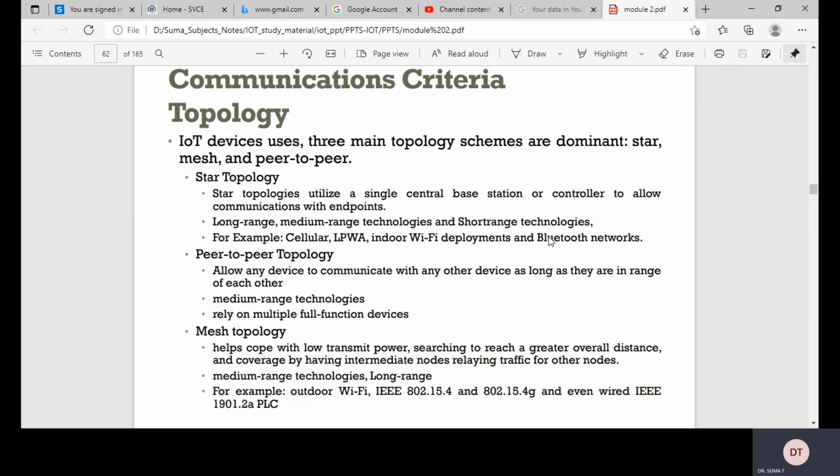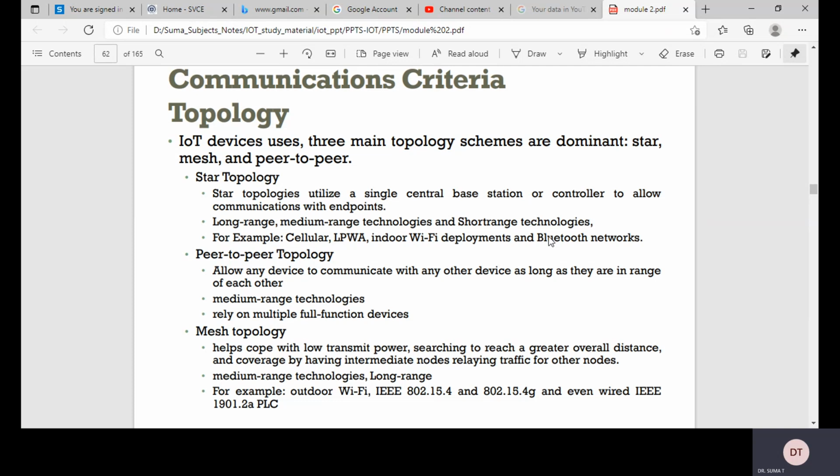As seen with cellular technology, low power wide area and Bluetooth networks, star topologies utilize a single central base station or controller to allow communication with the endpoints. For medium range technologies, a star, peer-to-peer or mesh topology is common, as we have shown in the diagram.